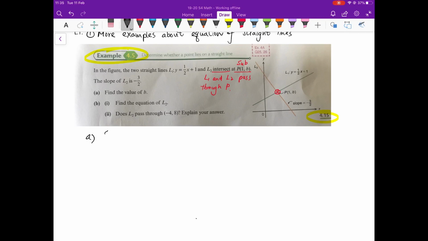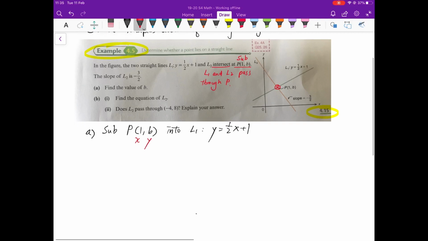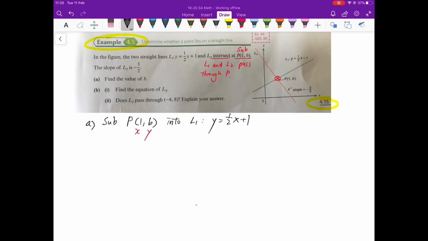So for part A, we simply substitute P, 1 and b, into L1, which is y equals 1 over 2 x plus 1. As you can see, 1 is representing the x coordinate and b is representing the y coordinate. Therefore, after substitution, we will get b equals 1 over 2 times 1 plus 1.